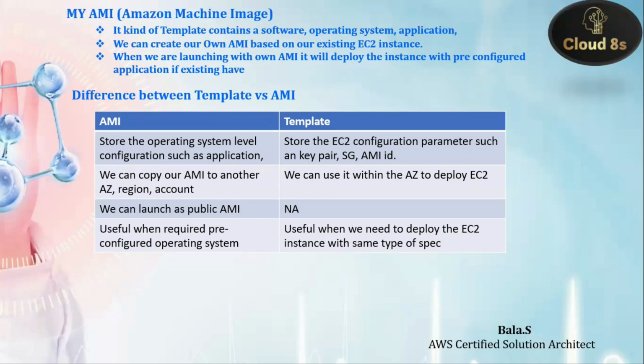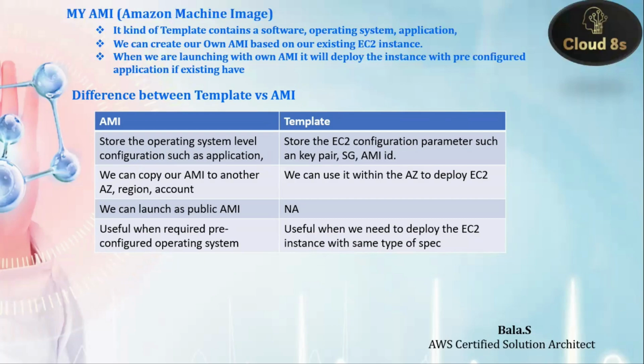An AMI works at the availability zone, region and account level. For example, if you have a production environment machine and need to deploy it into another region, you can create an AMI from that production EC2, copy it to the destination region, and deploy the EC2 using that AMI.